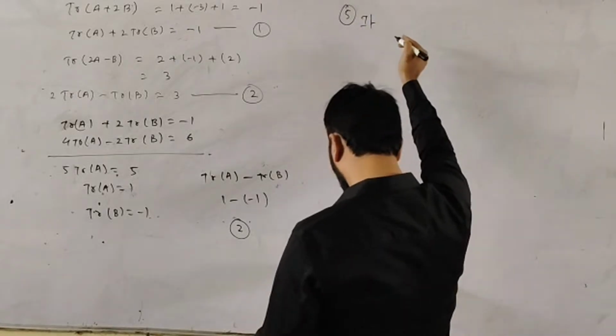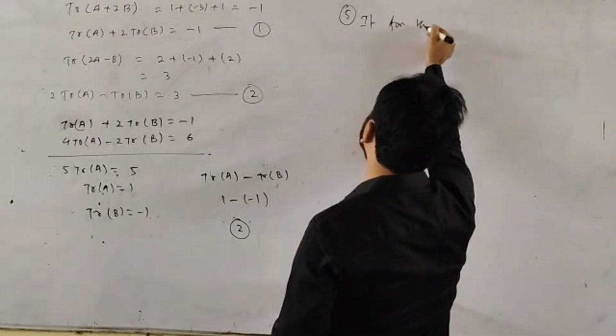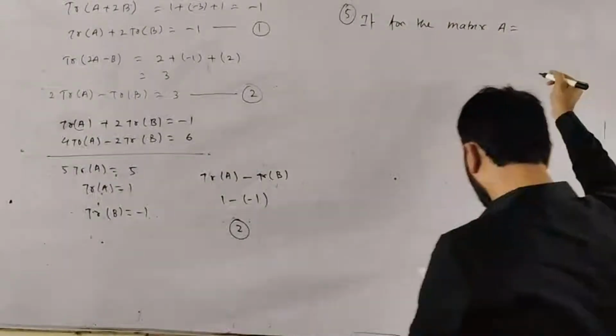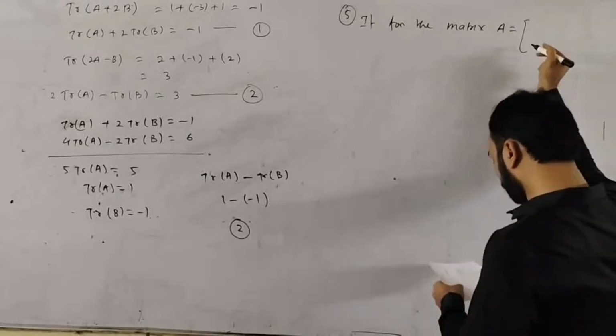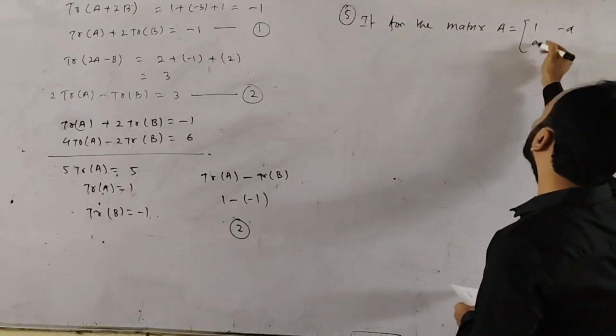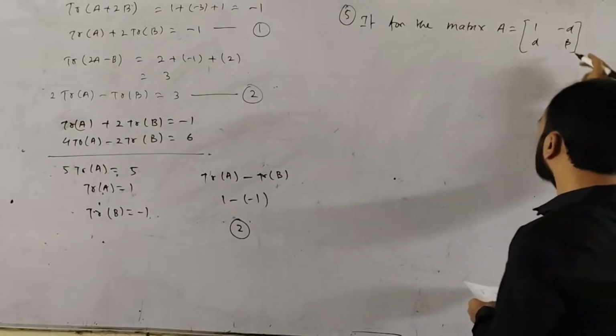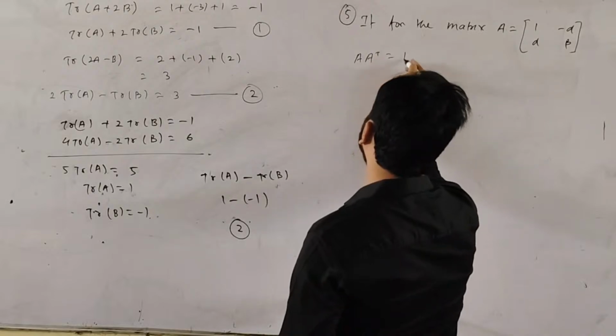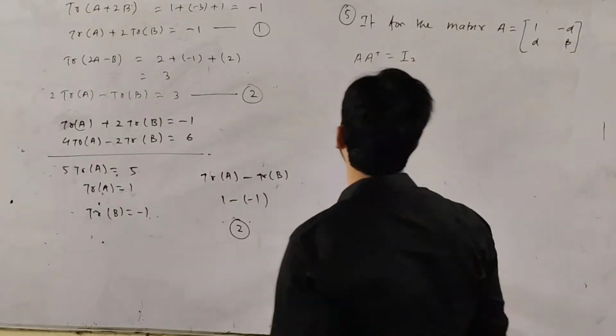If for the matrix A is equal to 1 minus alpha and beta, AA transpose is equal to I2. What do you mean by I2?